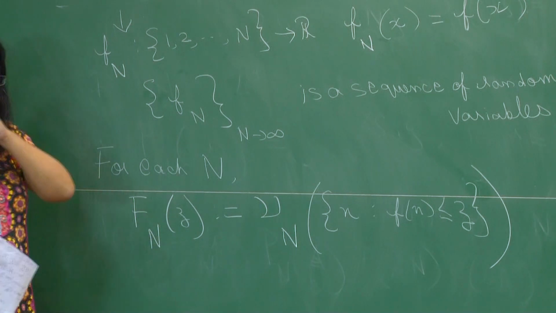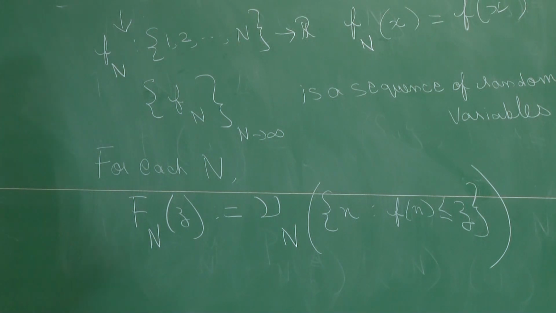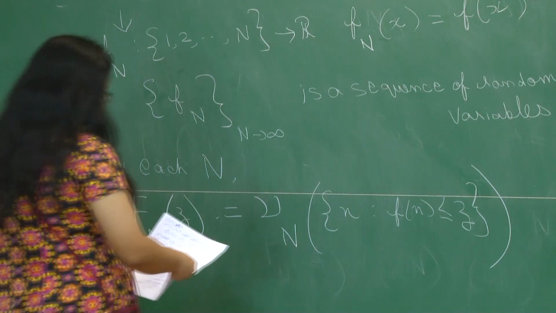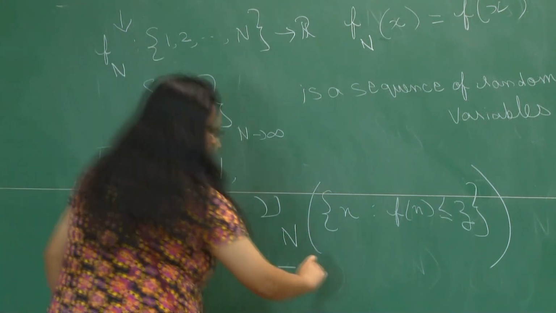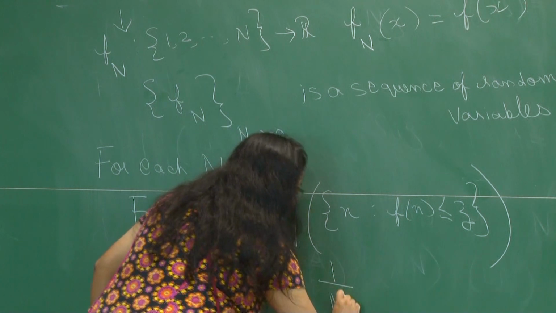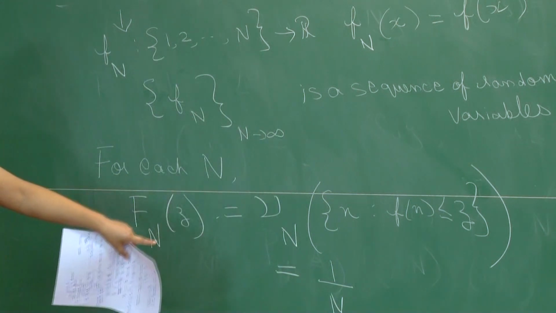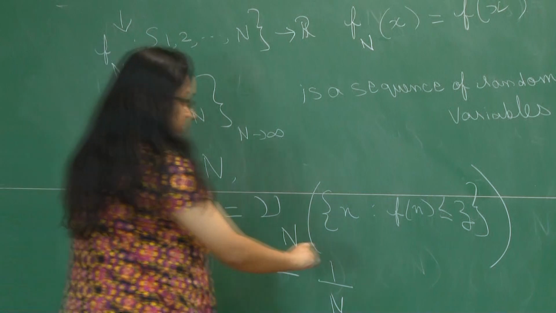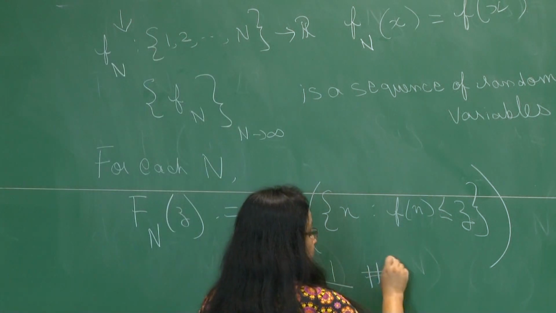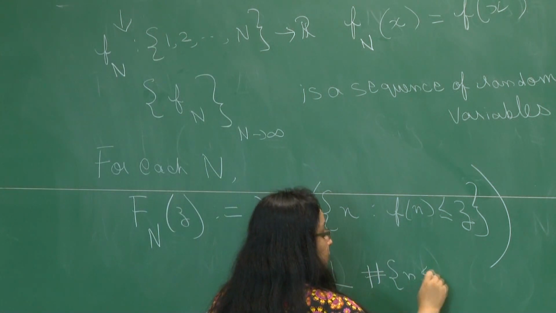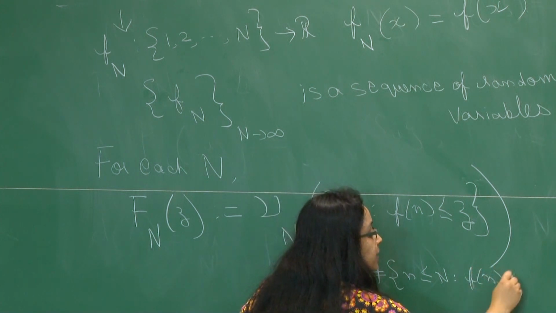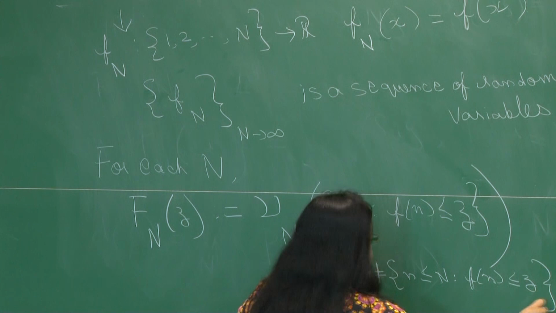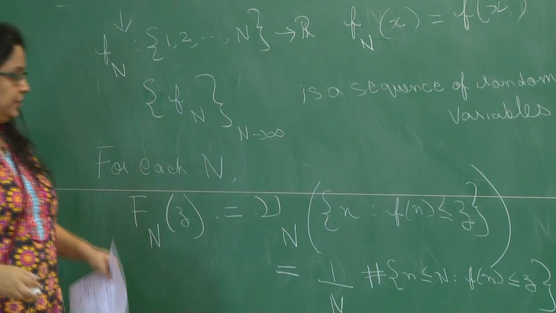This is how you define this capital F sub N of z, which is by definition, what is this? This is just your 1 by N into the number of n's for which f of n is less than or equal to z.